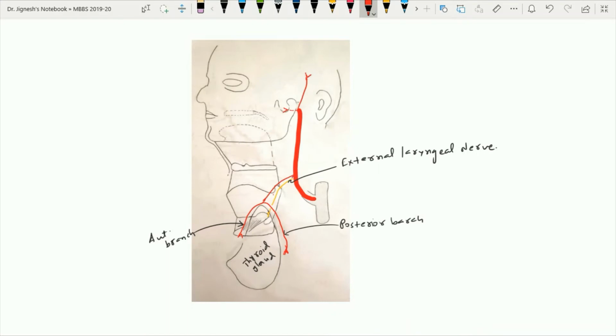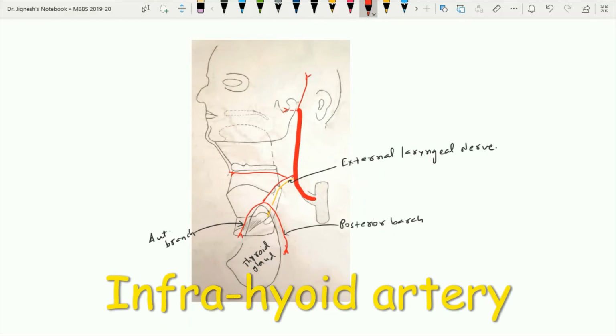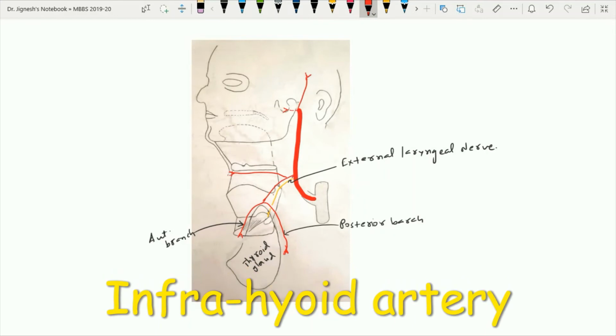The superior thyroid artery gives 5 branches. The first branch passes below the hyoid bone and is going to anastomose with the opposite fellow of the same artery, and it is called the infrahyoid artery.